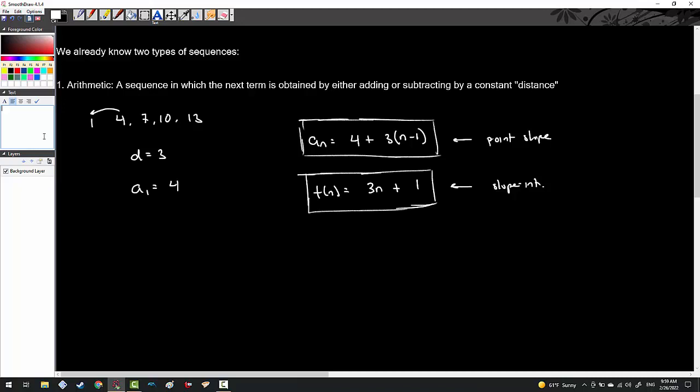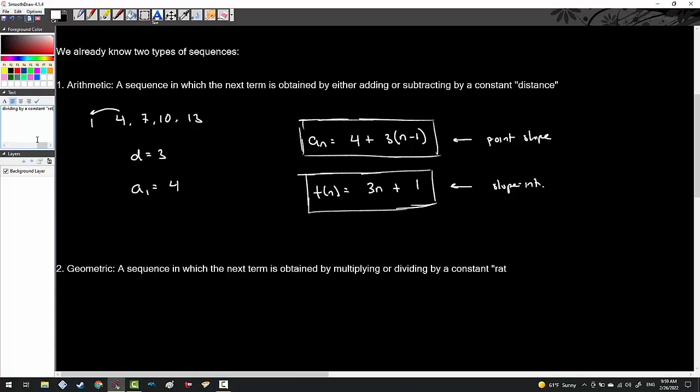The other one that's actually going to show up more often is going to be the geometric sequence. The geometric sequence is very much like the arithmetic sequence, but not, where it's going to be a sequence in which the next term is obtained by multiplying or dividing by a constant, what we call a ratio.